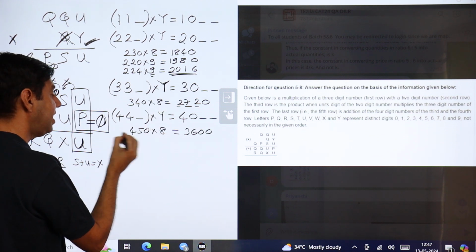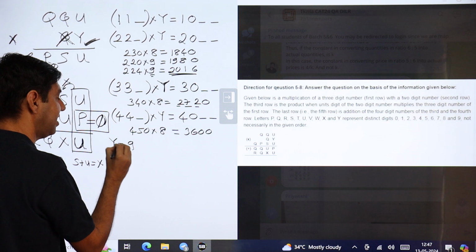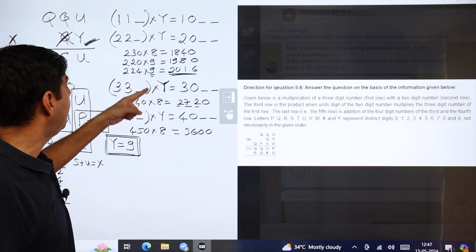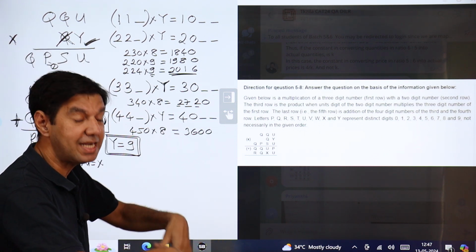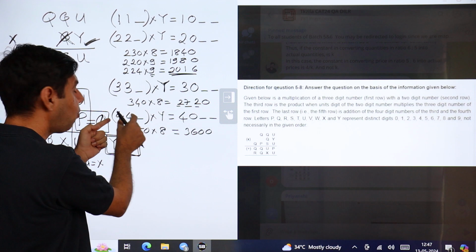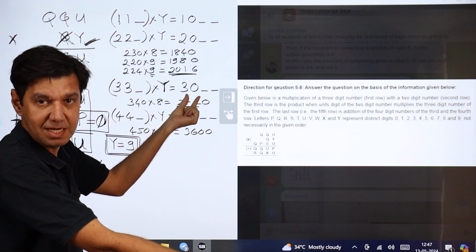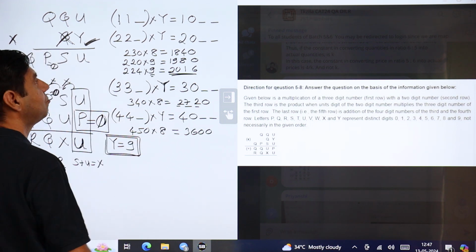So what this means is y has to necessarily be 9. A value of 8 will not make this number 10 times, yeah, 400s is becoming 4000s, 300 is becoming 3000s, right? So 8 is not enough for that, and y has to be 9.